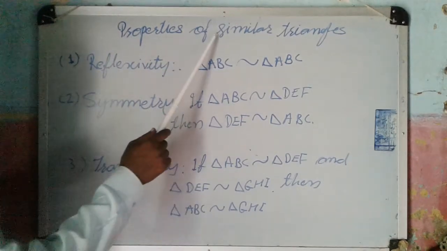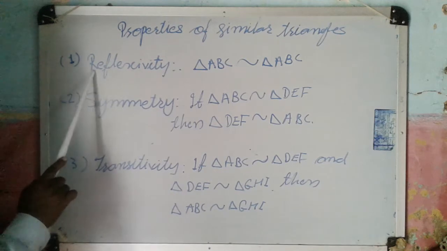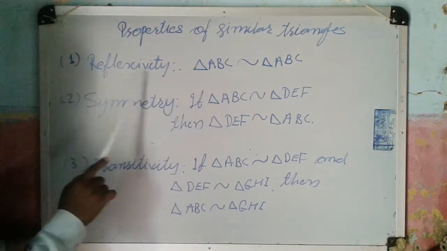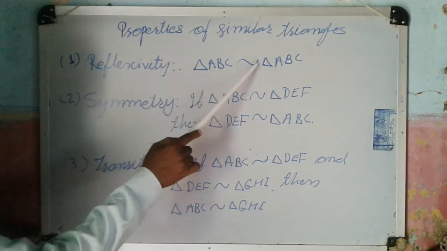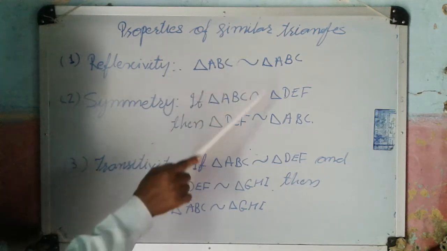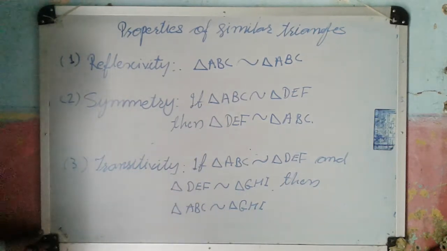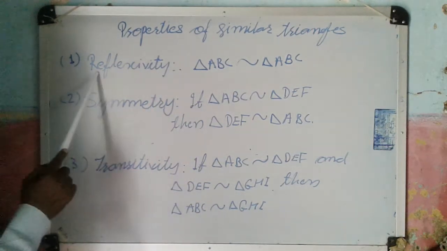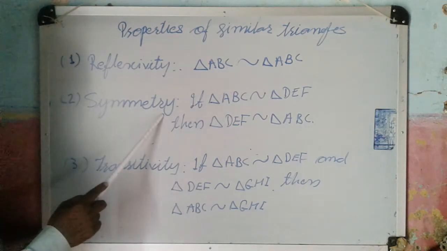Now, properties of similar triangles. Three properties are there, and you are already familiar with them. The first property is reflexivity: triangle ABC is similar to triangle ABC. That means each triangle is similar to itself. The second property is symmetry.